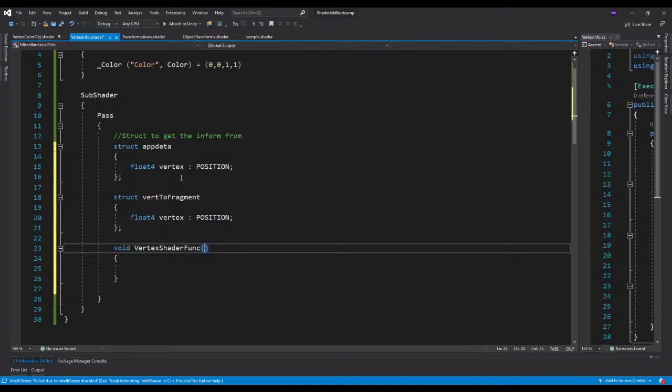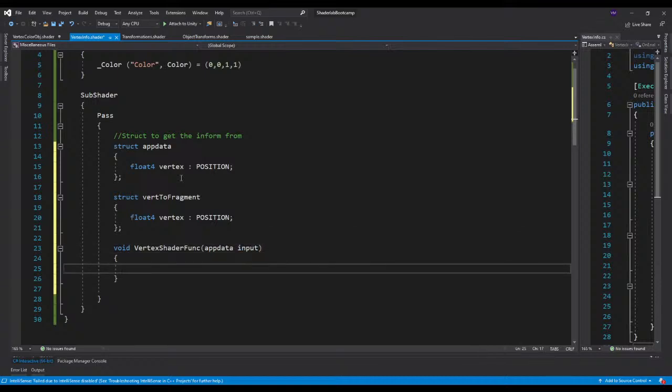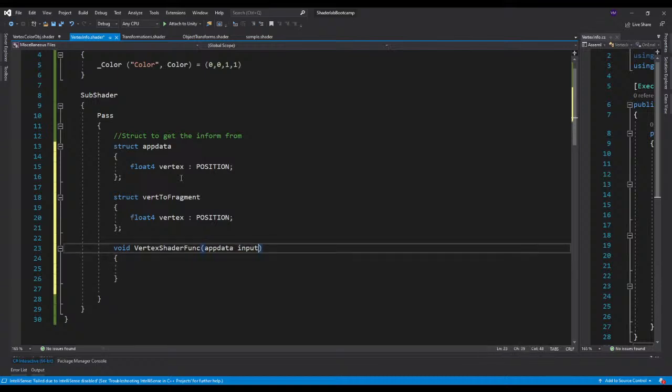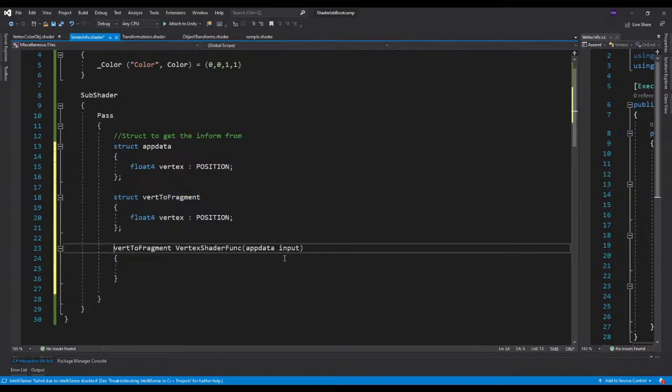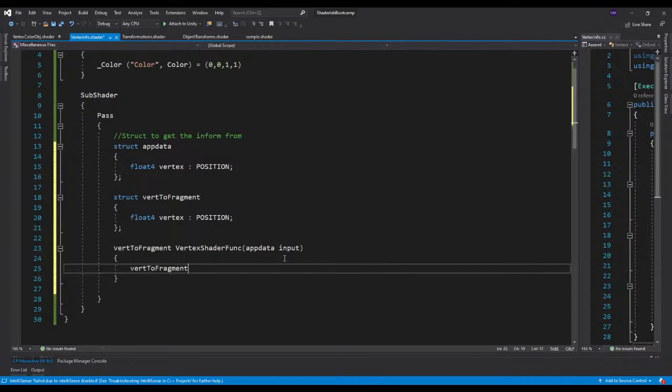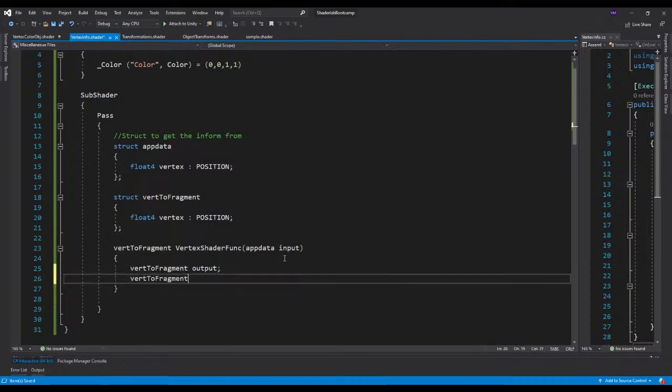Now, what data do we take in? We take app data that we are going to get from the GPU in terms of input. So I'm going to say input. Now, the output of this is going to be vertex to fragment, correct? So if you remember from the previous slides, we have vertex to fragment. So to return this, we need to initialize this output.